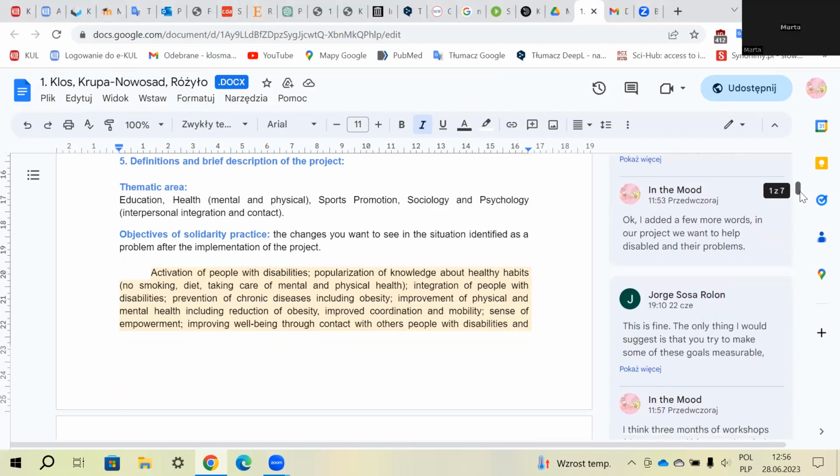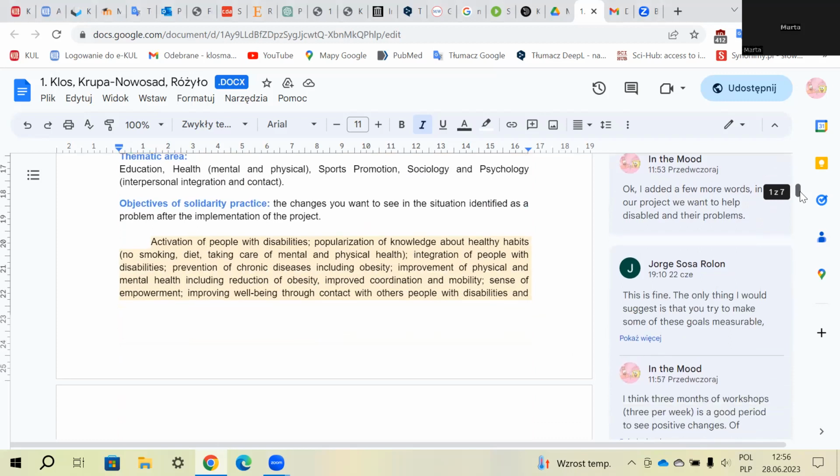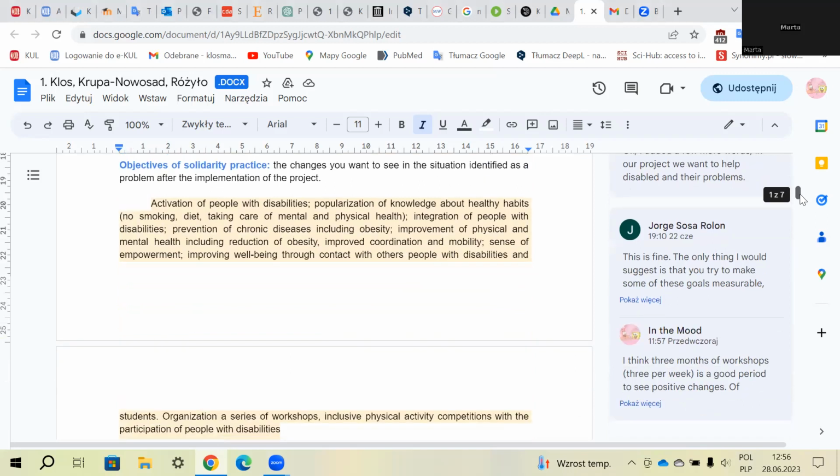Here we have some objectives, and of course activation of disabled people and popularization of knowledge about healthy habits. And it's quite easy: no smoking, good diet, taking care of mental and physical health.